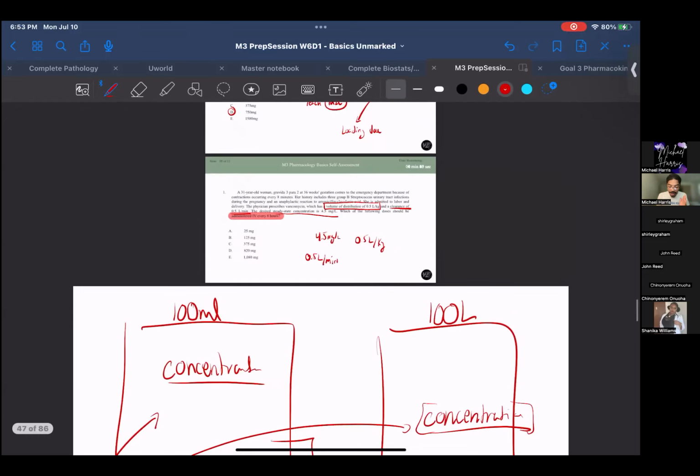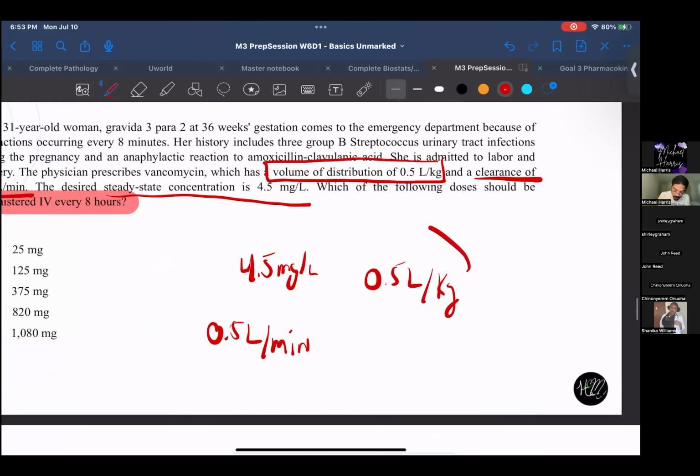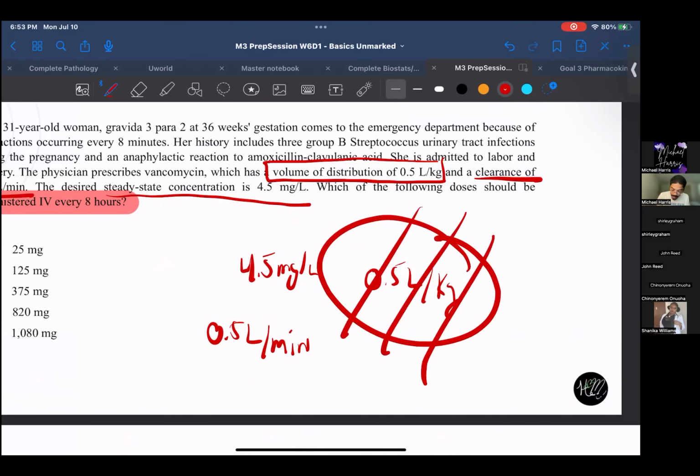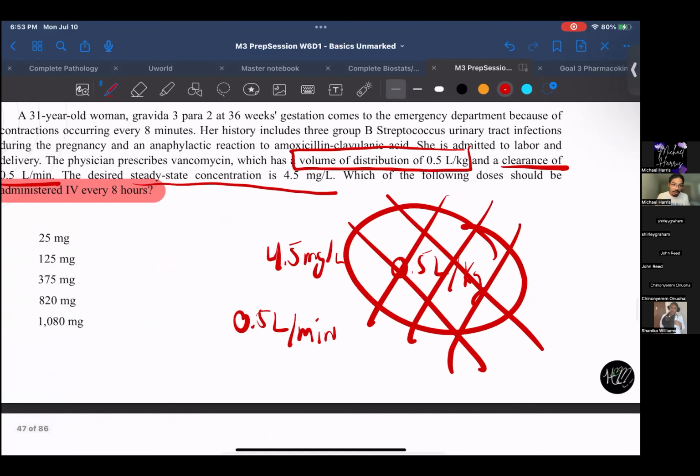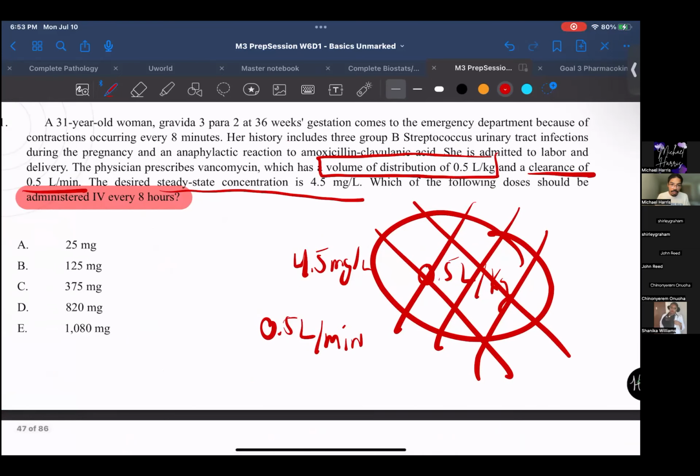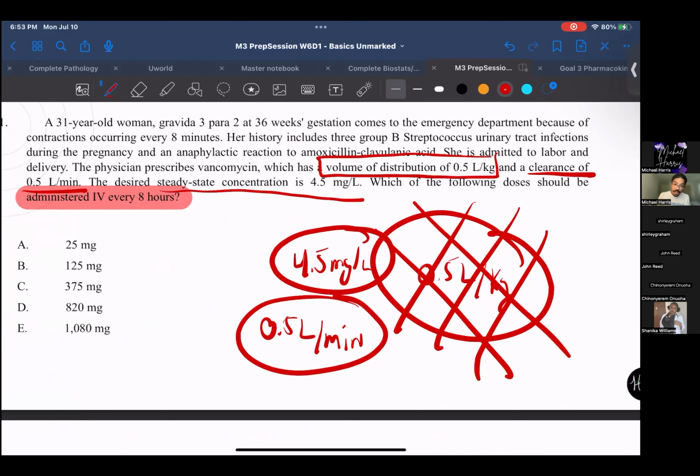Perfect. So with that being said, volume of distribution is not something you need here. Instead, you need clearance, you need your target dose, and you need how often you're giving it.